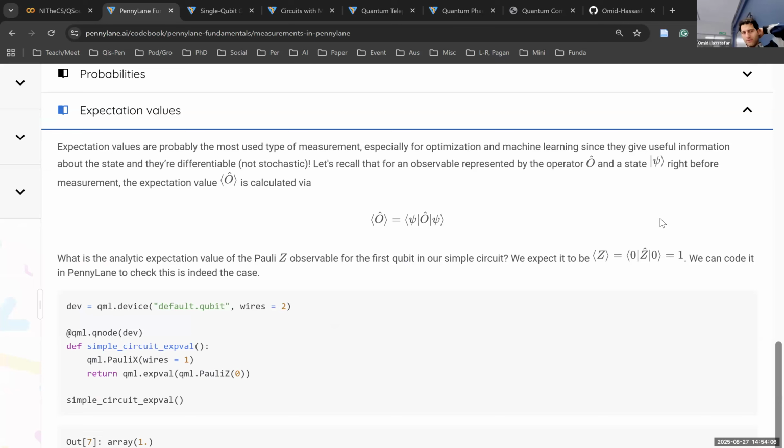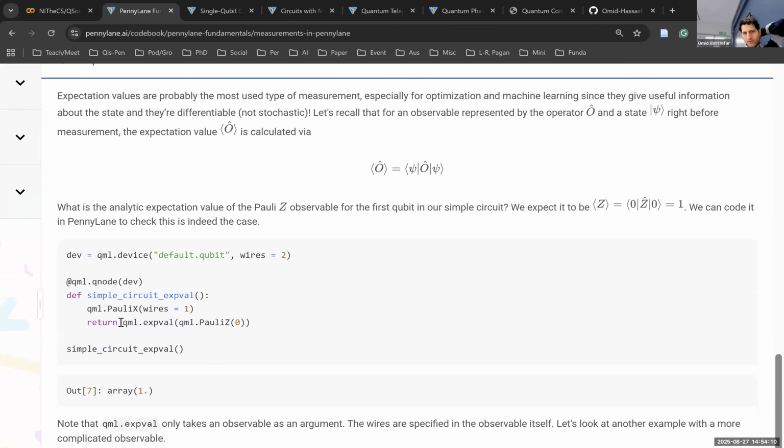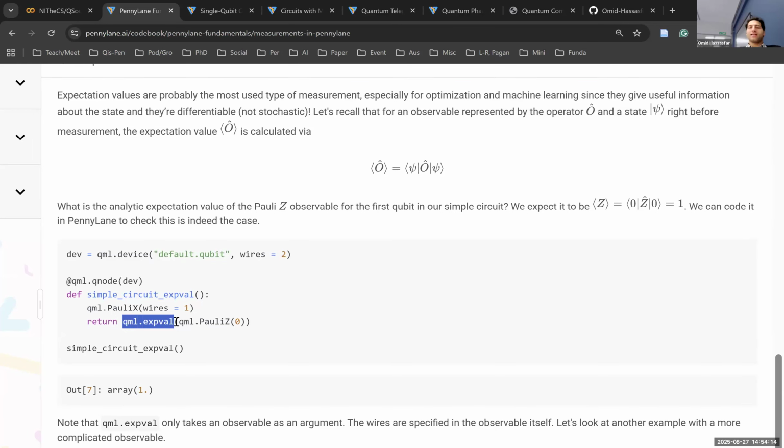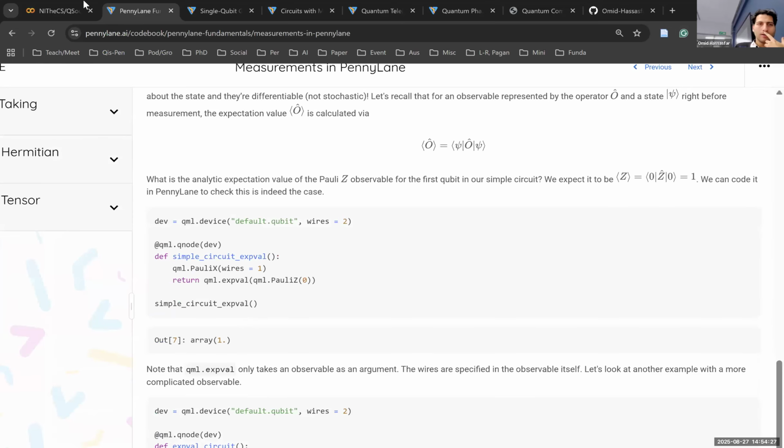Okay, this is the expectation value. And then in the return part, I want to calculate the expectation value, for example, of the Pauli Z on the first qubit, qubit 0, based on this circuit.